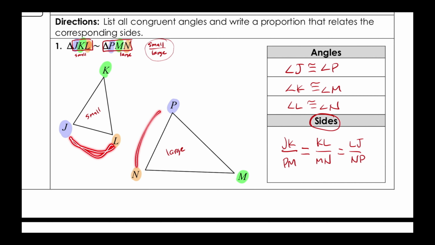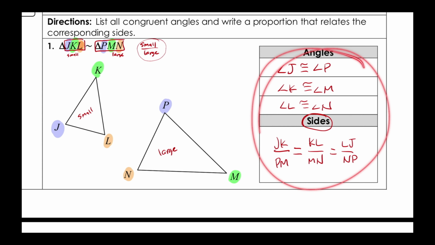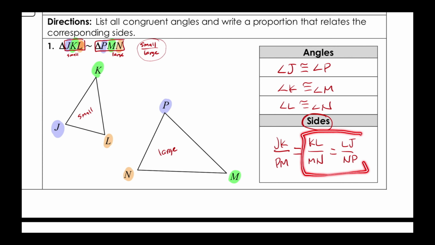Orange, purple, LJ over NP. LJ goes in the top because that's the small triangle. And NP goes in the bottom because that's from the large triangle. So you're just making ratios of the matching sides. That's it. Now, once we have this, once we know what matches, then we can start making equations and stuff, right? I can get these two and make an equation, or I can get these two and make an equation.